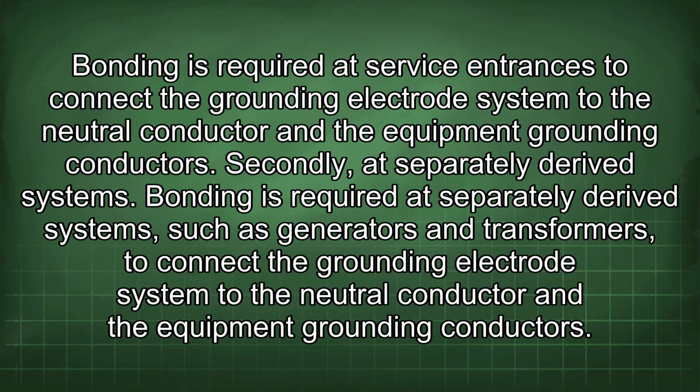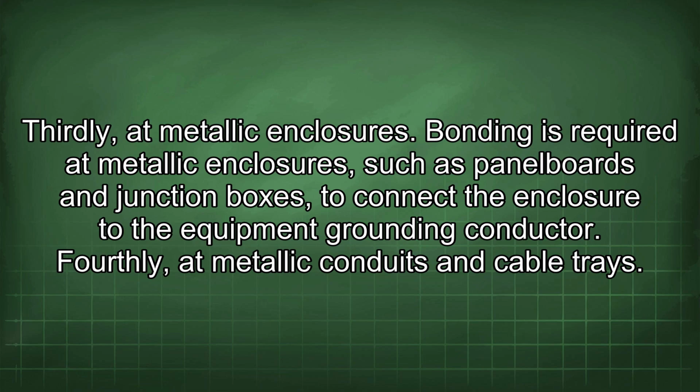Bonding is required at service entrances to connect the grounding electrode system to the neutral conductor and the equipment grounding conductors. Secondly, at separately derived systems. Bonding is required at separately derived systems such as generators and transformers to connect the grounding electrode system to the neutral conductor and the equipment grounding conductors. Thirdly, at metallic enclosures.